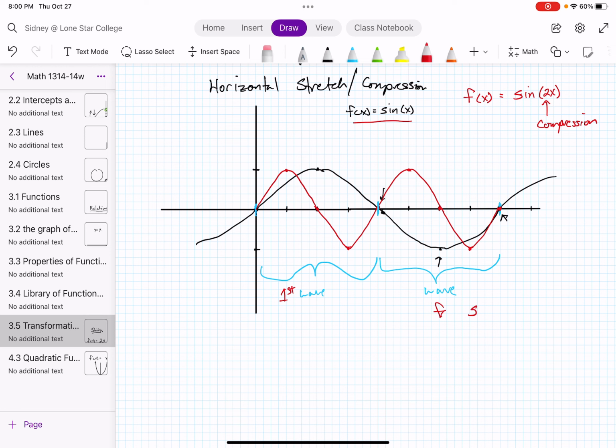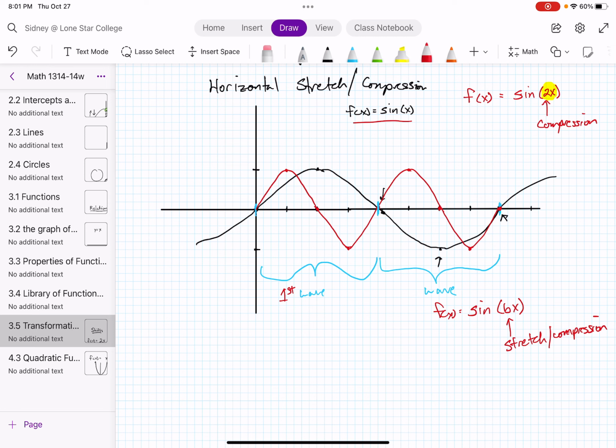So we oftentimes would see something like this: f of x, this is the general case, sine of bx. And when you see that b right there, that b represents the stretch or compression. But it's actually the inverse. It's the multiplicative inverse of what you would expect. So when we see this 2, what that's actually telling us is that the waves are going to be half as big.